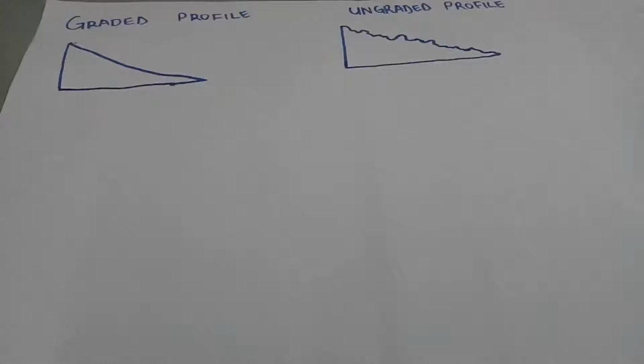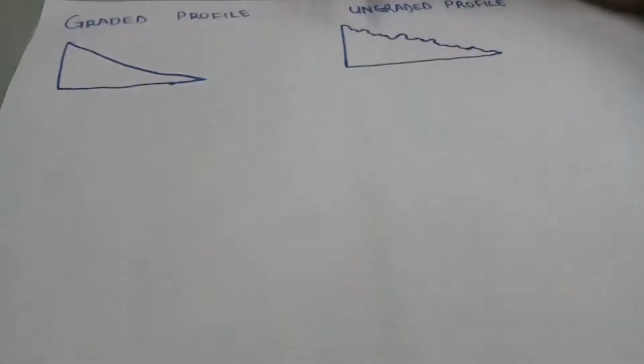So river grading, in river grading there must be a balance between erosion and deposition. So here this means there was a balanced erosion and deposition, but here there was unbalanced erosion and deposition.